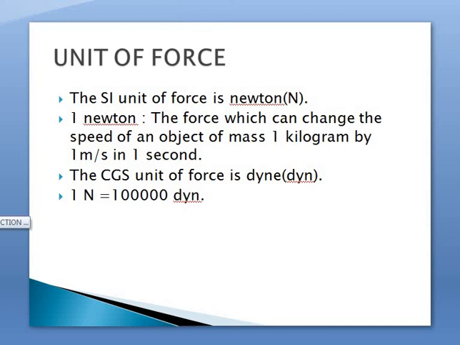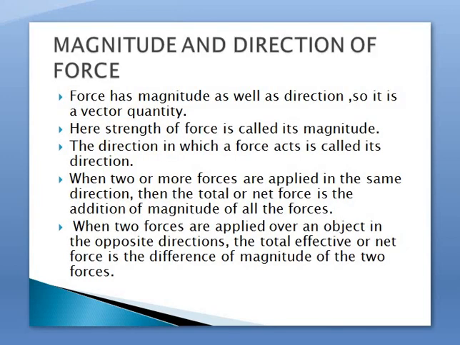After this topic, we proceed towards magnitude and direction of force. Force has magnitude as well as direction, so it is a vector quantity. In further classes, you will study that physical quantities are of two types: scalar quantities and vector quantities.